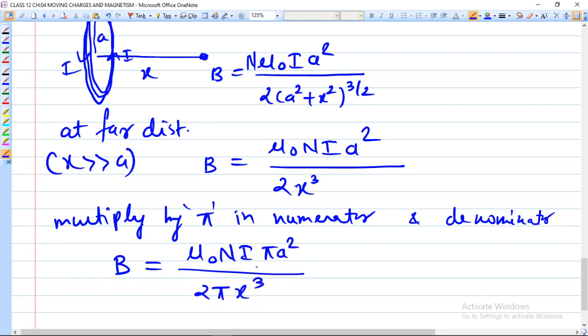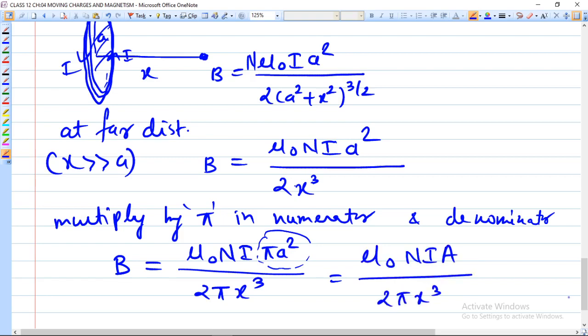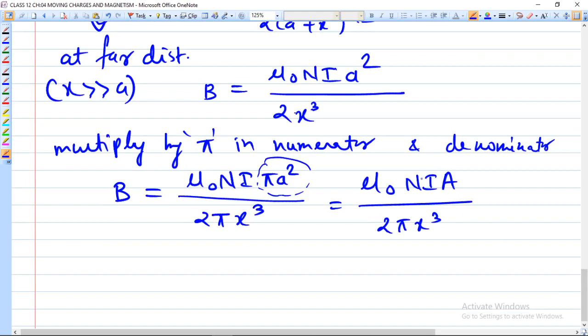Please don't cancel pi. Now what is this pi a square, guys? It is the area of the loop, right? So I can say mu 0 N I A upon 2 pi x cube. And what is this N I A? It is M. So mu 0 M upon 2 pi x cube.